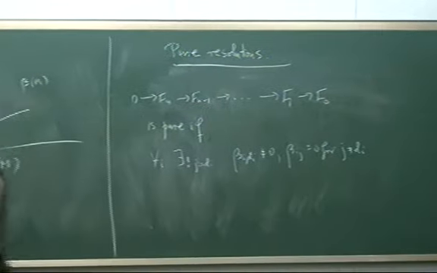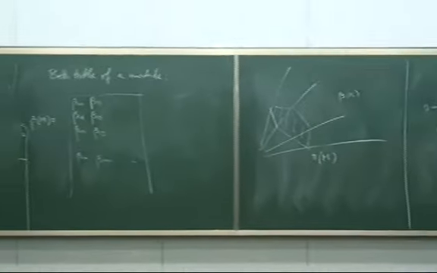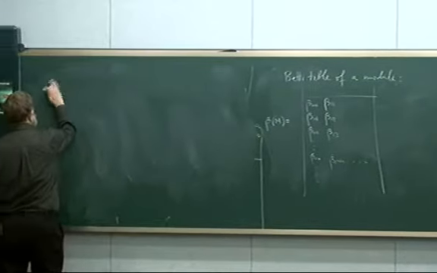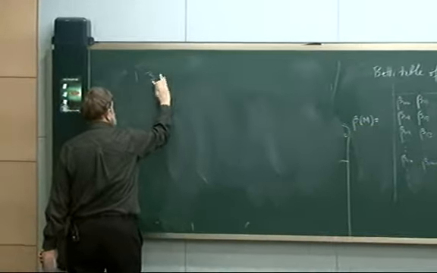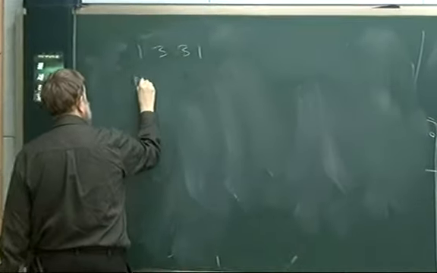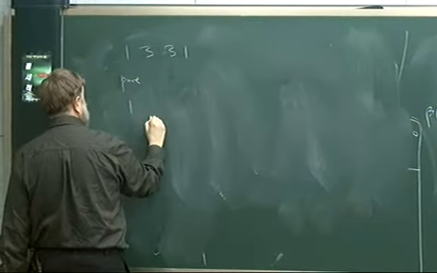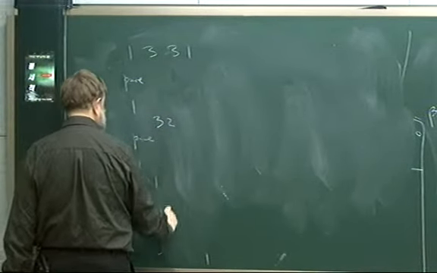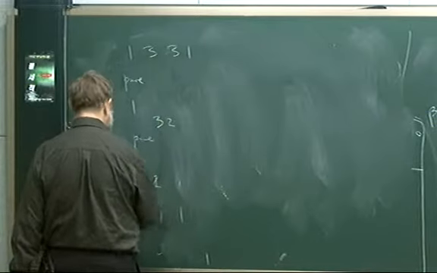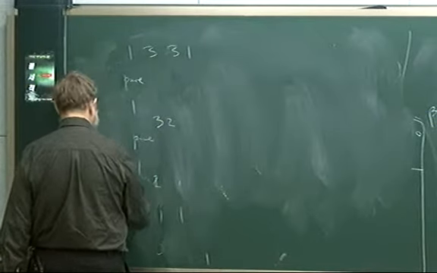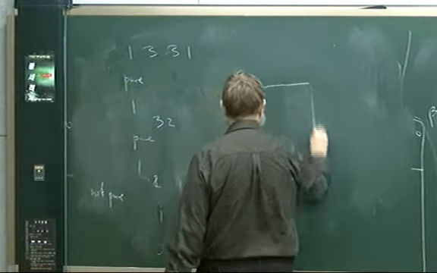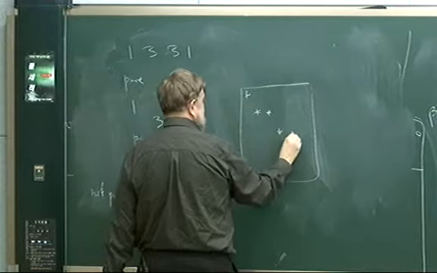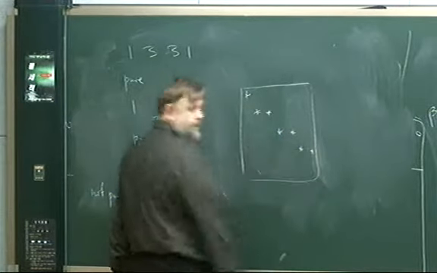Okay, so in our examples, most of the resolutions I wrote were pure. So of course the Koszul complex, remember the Betti diagram 1, 3, 3, 1, this was pure. 1, 3, 2 is also pure, but 1, 1, 1, 1, 2, 1, 1 is not pure. So how do you see the pure diagram? Well, basically this diagram is pure if in every column you have only one non-zero element. Okay?